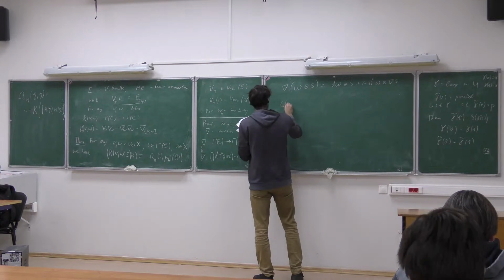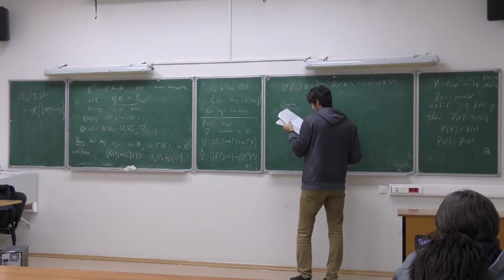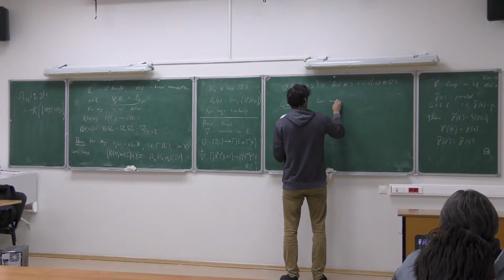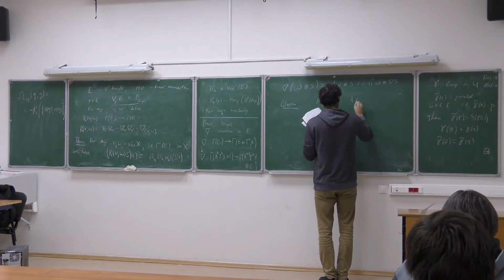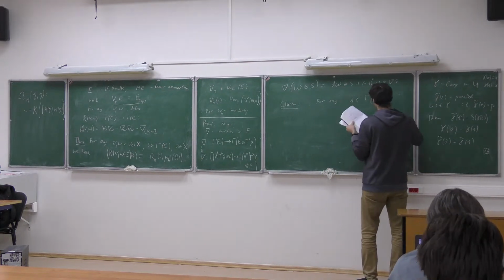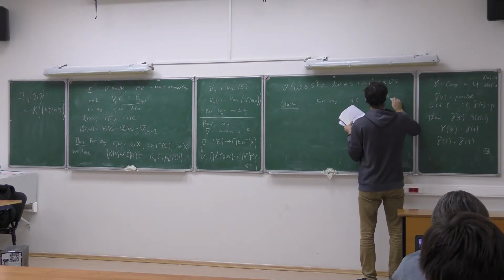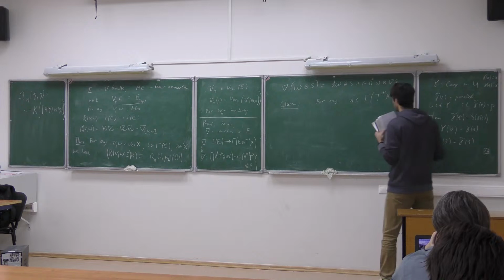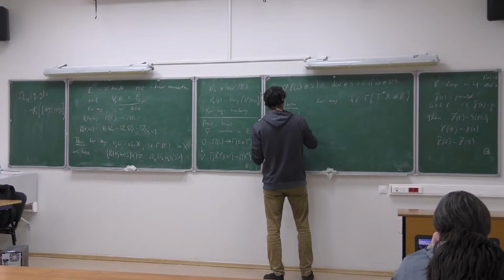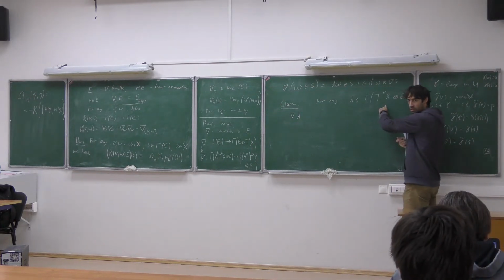And I claim that for any lambda which is a one form with values in E, so a section of T star X tensor E, if I take this lambda and apply nabla to it, I get a two form, right?